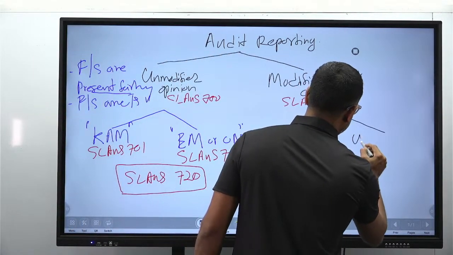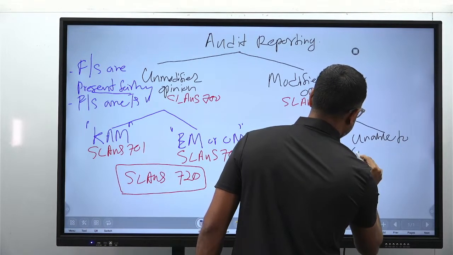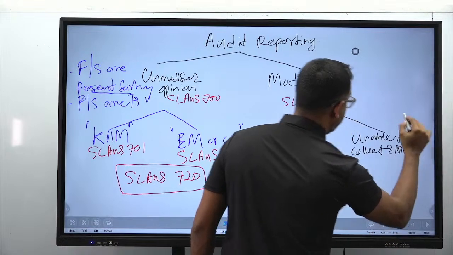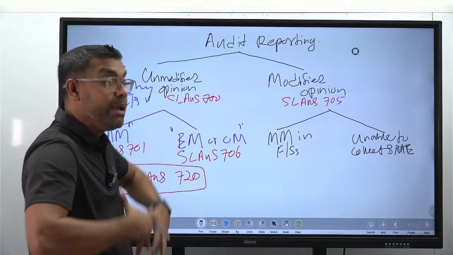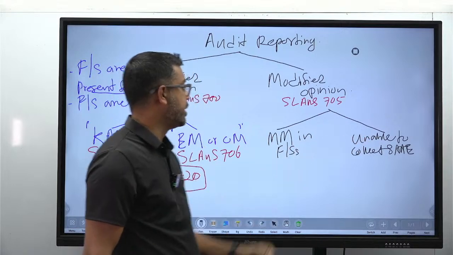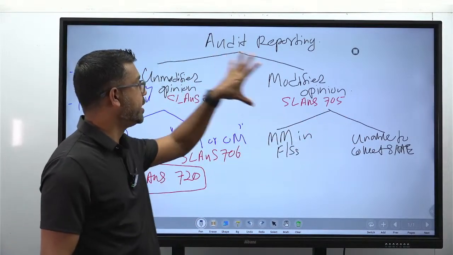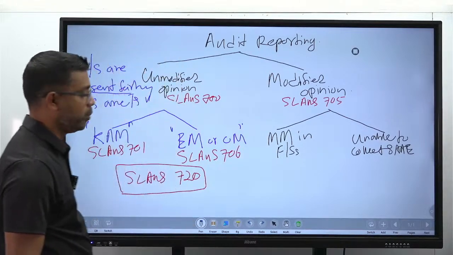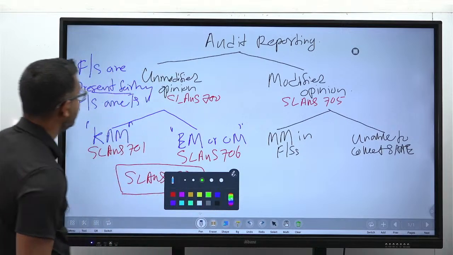Inability to collect sufficient appropriate audit evidence. The auditor has failed, or is unable, to collect sufficient appropriate audit evidence. Under those two circumstances, you will give what opinion? Modified opinion.